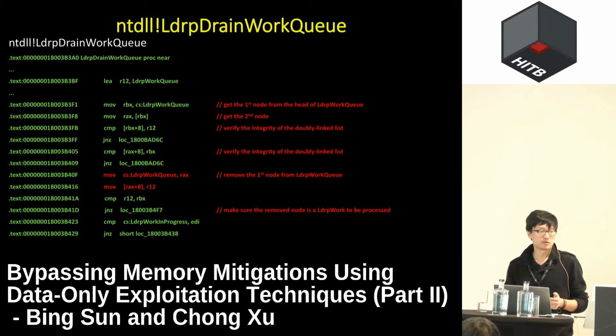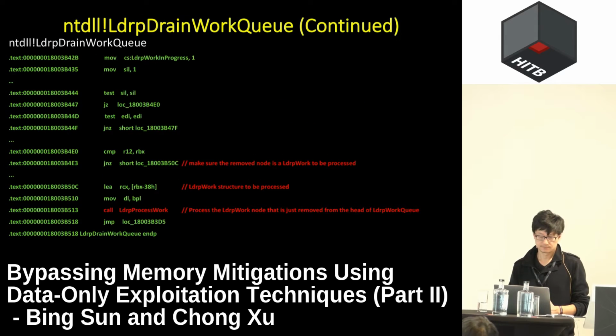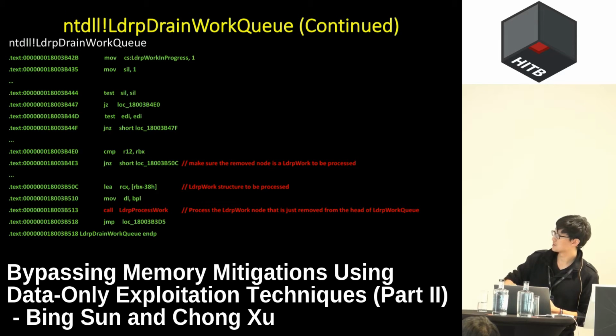In contrast to the previous function, this function, LdrpDrainWorkQueue, removes the head node and sends it to the process routine. And the process routine is LdrpProcessWork at the bottom, as you can see.